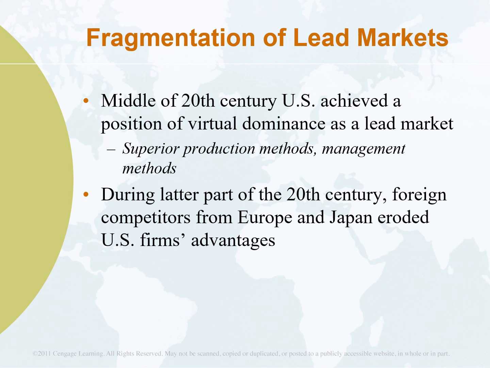Fragmentation of lead markets. In the middle of the 20th century, the United States achieved a position of virtual dominance as the lead market for virtually everything, with superior production methods and management methods. But during the later part of the 20th century, foreign competitors from Europe and Japan eroded U.S. firms' advantages.